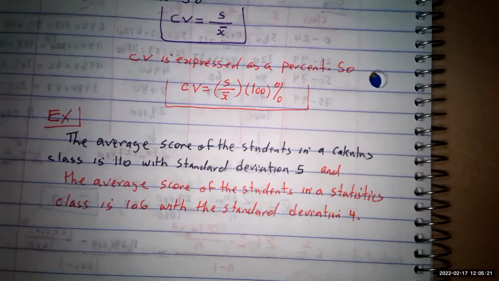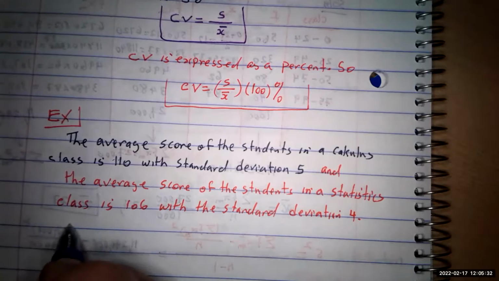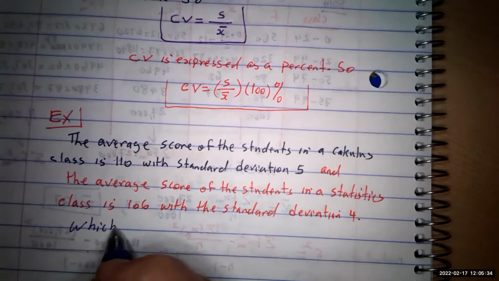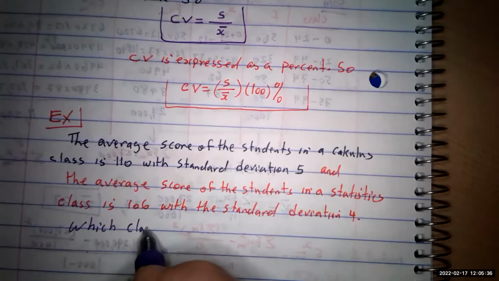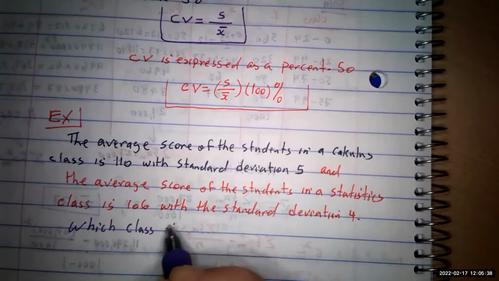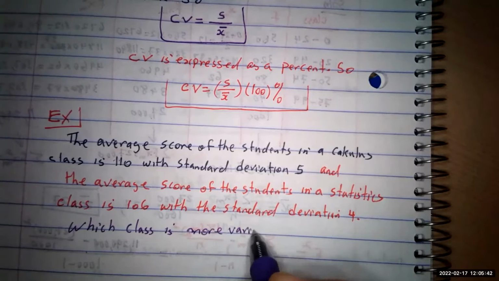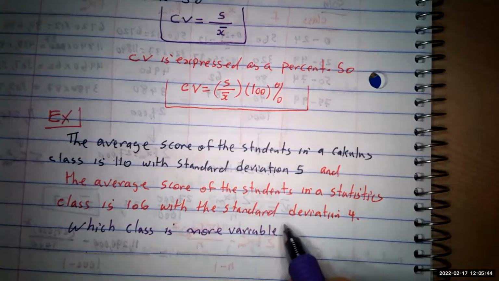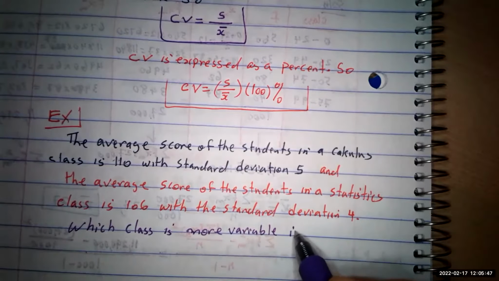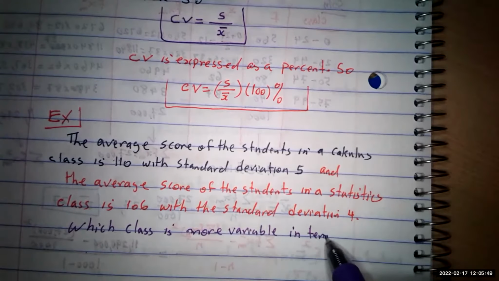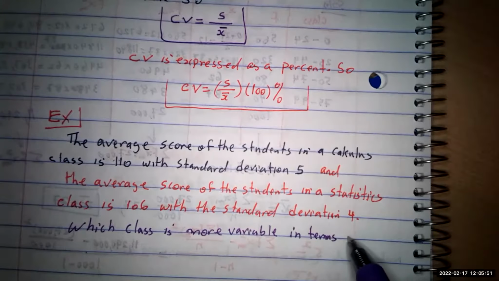We want to check which class is more variable, I mean in the distribution of the grades of the students. So we would like to find which class is going to be more variable in terms of the scores.